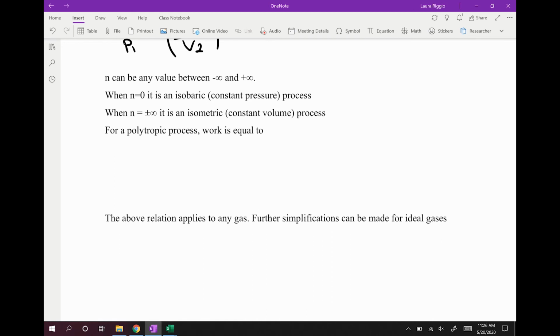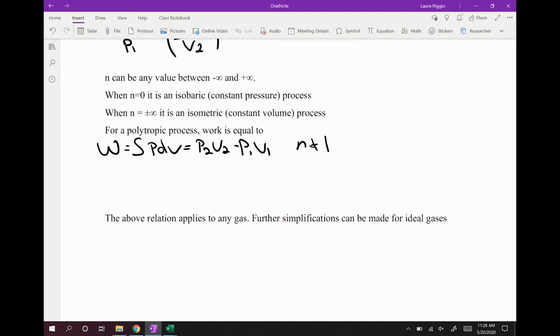If n is equal to 0, we have an isobaric or constant pressure process. If n is equal to plus or minus infinity, we have a constant volume process. For a polytropic process, our work is equal to the integral of PdV, which is (P2 V2 minus P1 V1) over 1 minus n.